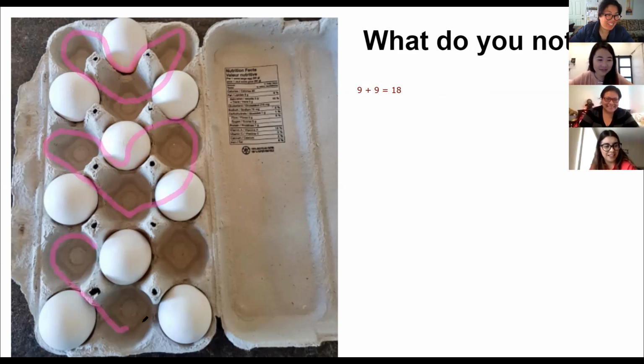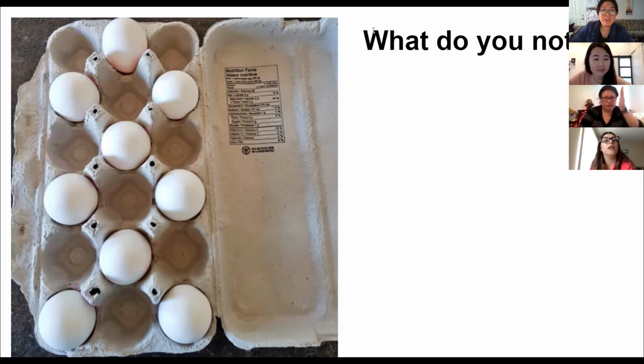And a V. Nice. Did anyone come up with another equation? So I looked at columns. Oh, columns. And what do you mean by columns? Vertical, looking up and down. So if we're taking a look at the carton, it's partitioned into 3 parts, 3 columns. All the way down a column would be 6. So 1 column here, 2 columns here, and then 3 columns here.